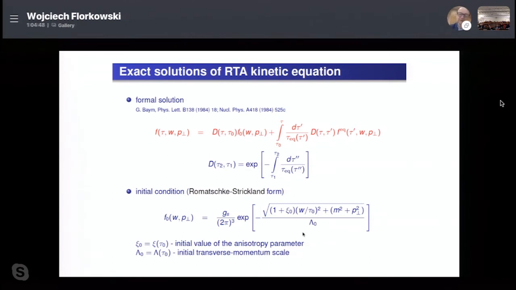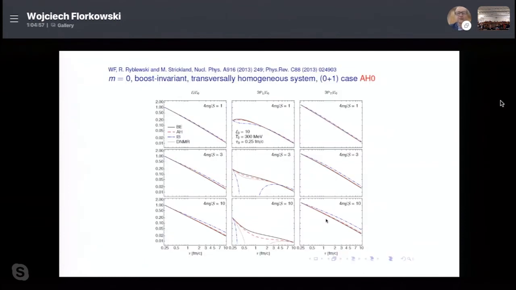It also defines the net density of the system, together, of course, with psi0. Then we can solve exactly the kinetic theory for one-dimensional expansion, which is boost invariant, with the collision term treated in the relaxation time approximation. We can solve it exactly, and then we can compare the results with the results of hydrodynamic models or hydrodynamic frameworks, which are constructed from the kinetic theory in different concepts. So there are many plots here.